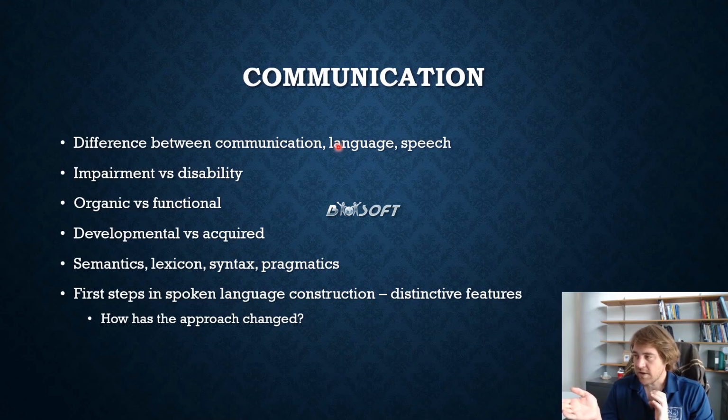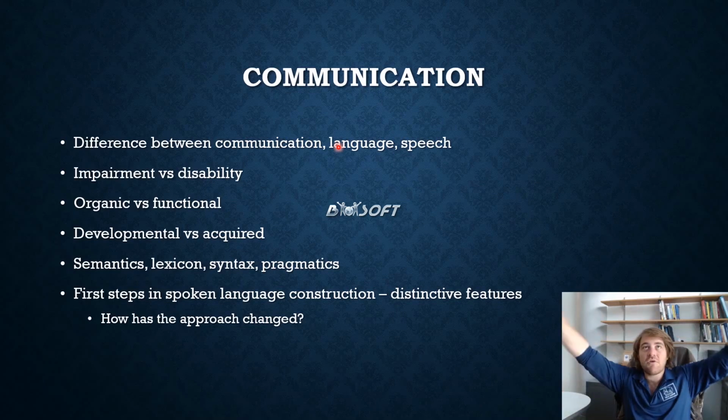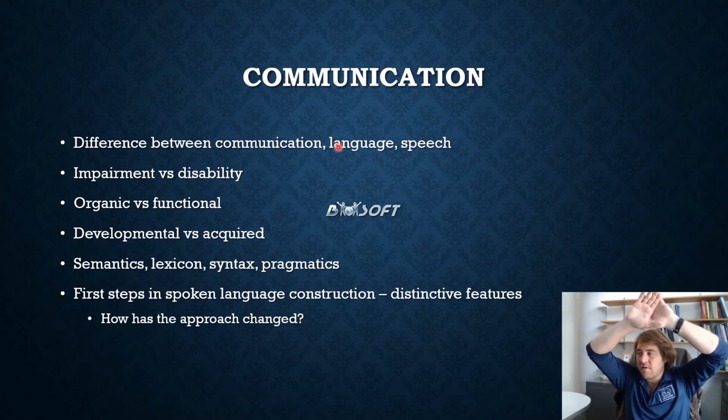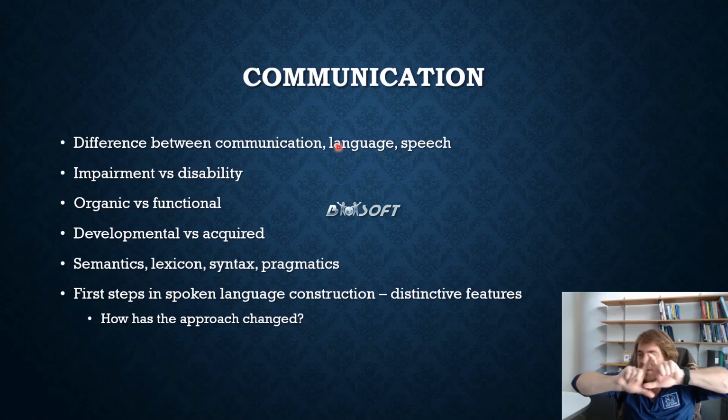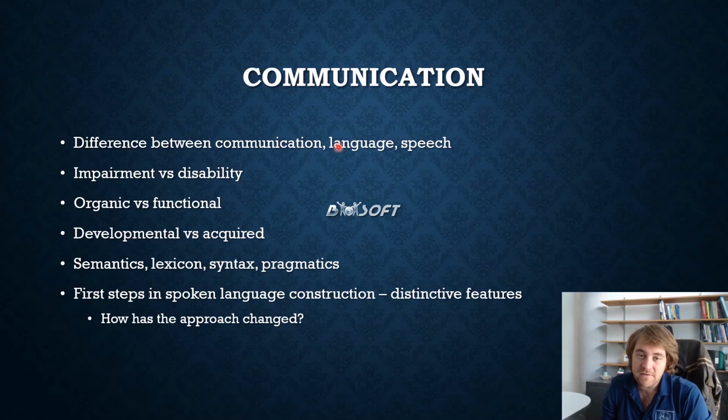So if you think about an inverted pyramid, communication is going to cover a whole bunch of things. Language is going to cover a lot less, and then speech is a very specific thing, right? It's a spoken part of the language.